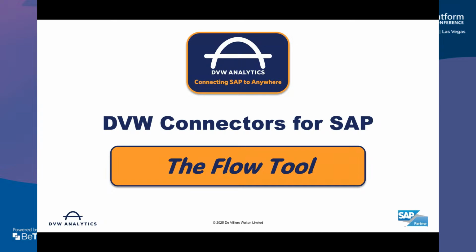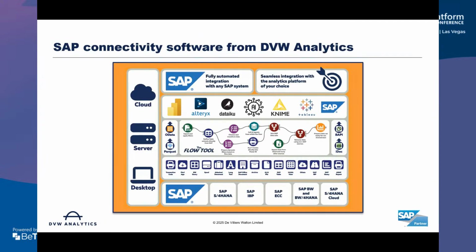Real nice functionality, real easy to use for pretty much anybody, but also as well as being something that maybe a business user could use and pick up quite happily, even an IT heavy lifting use case can be used here. And this slide gives you an overview of all the bits and pieces that sit there, all the functionality.